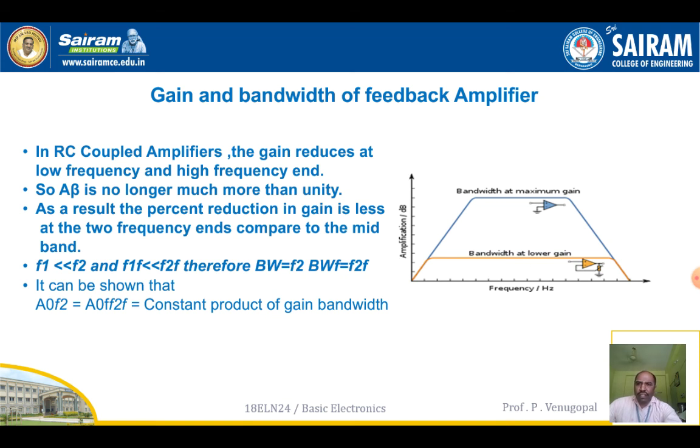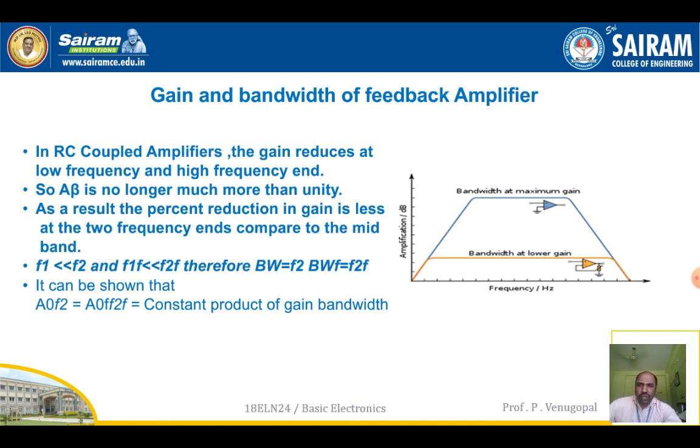That is, F1F is much less than F1, and F2F is much greater than F2. It is observed from the characteristics that the lower cutoff frequency with feedback is much less than the lower cutoff frequency without feedback, and the upper cutoff frequency with feedback is much higher.